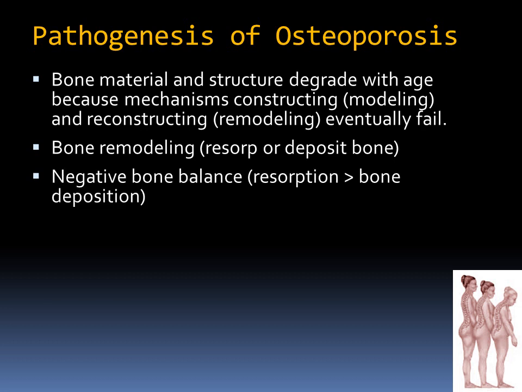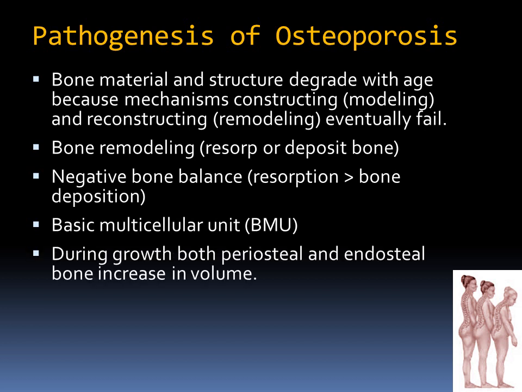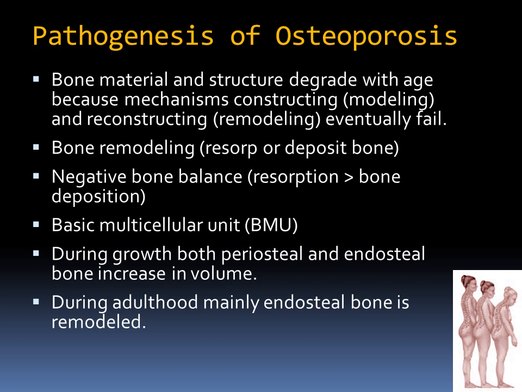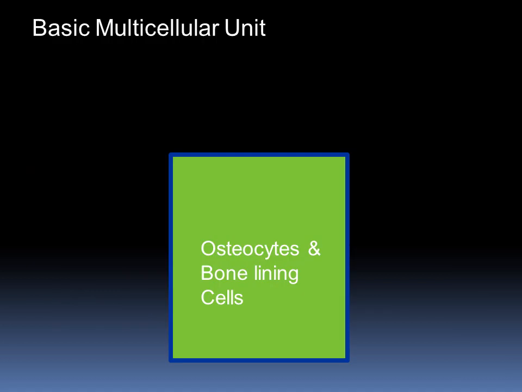We have a negative balance between the reabsorption and the bone deposits that occur. The basic multicellular unit starts to change, and we'll look at that in a minute. During growth, both periosteal and endosteal bone will increase in volume, and then in adulthood, mainly the endosteal bone will continue to remodel, but not periosteal.